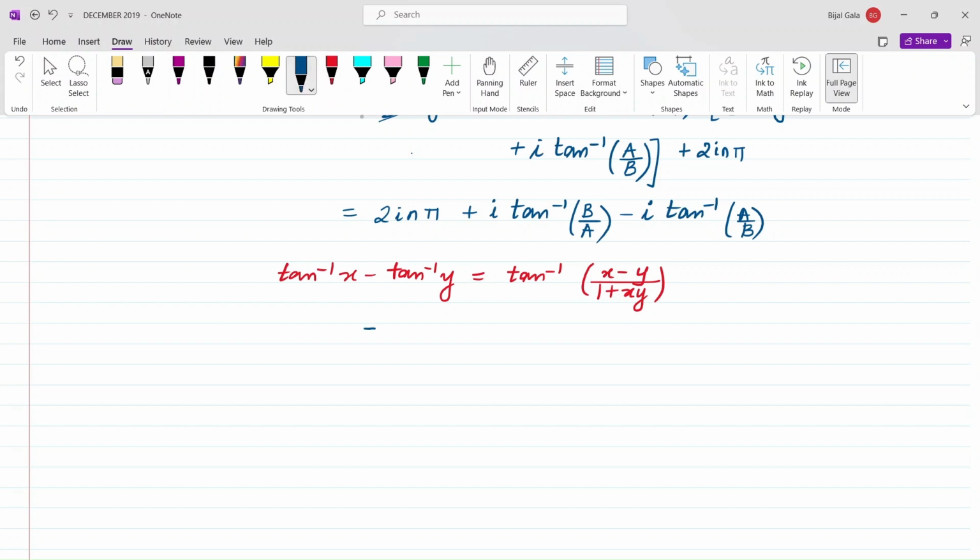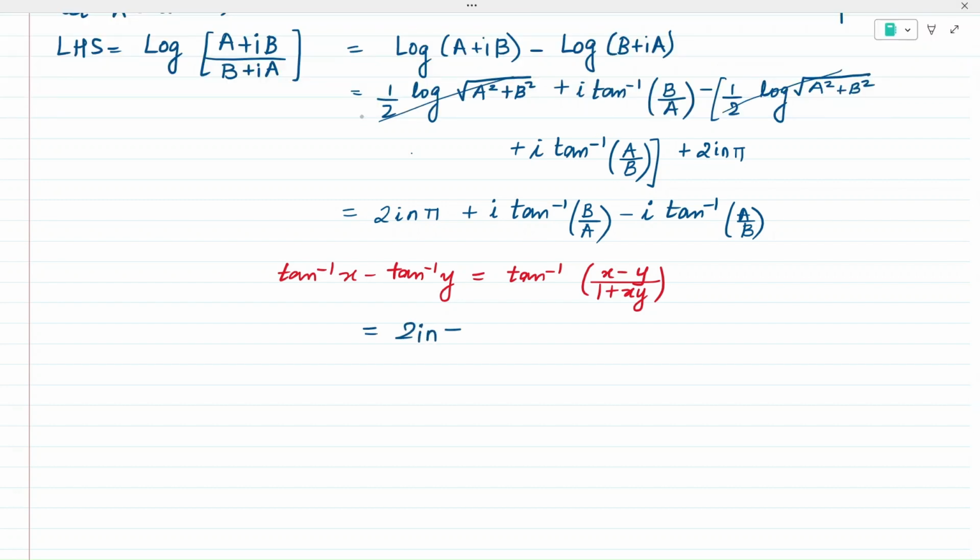The first term remains the same, 2i n pi, I common, tan inverse, x की जगह पे b by a minus a by b, the entire thing divided by 1 plus b by a into a by b.